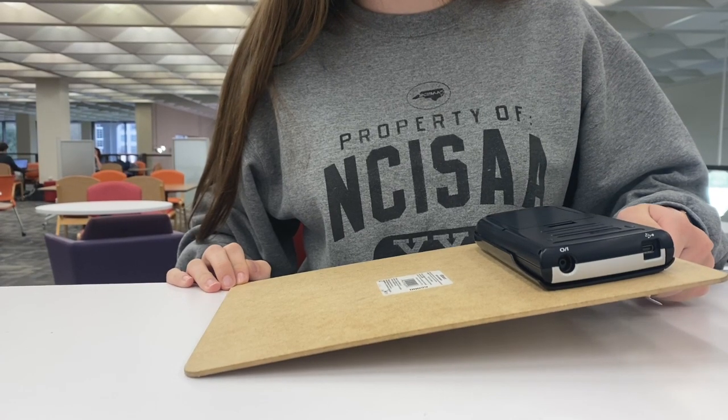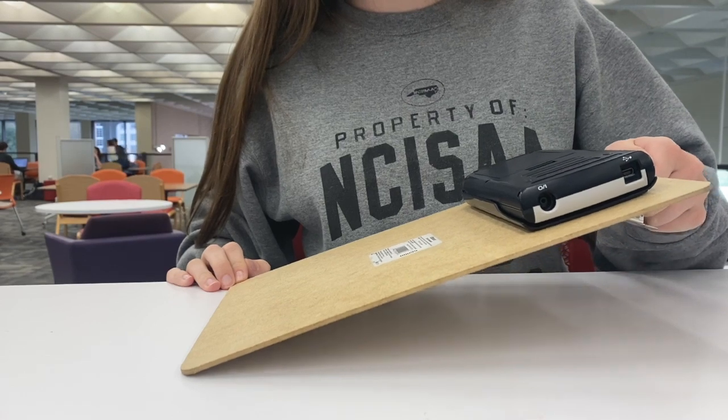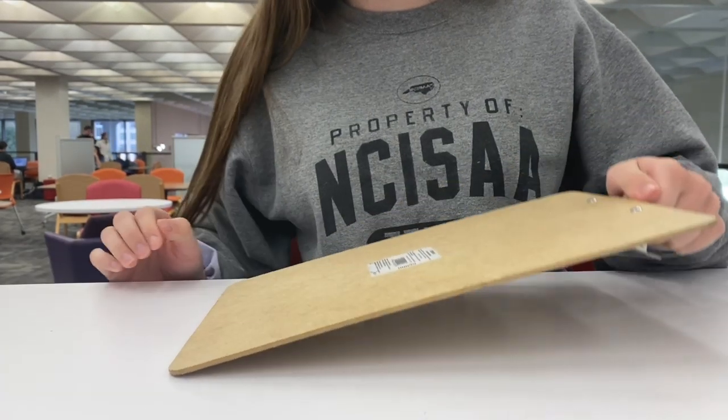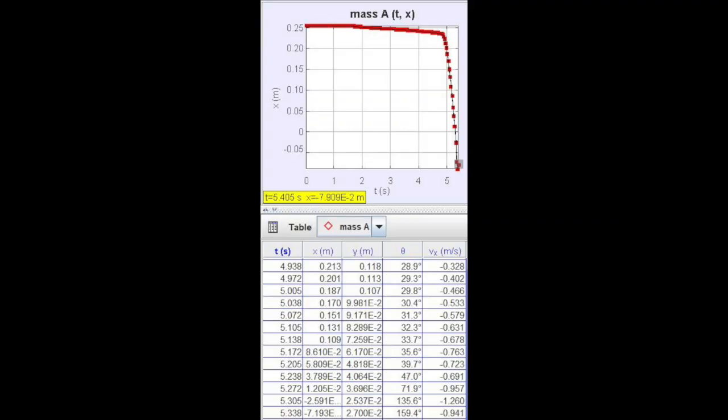For this section, we used the other side of the calculator without the little sticky feet, and as you can see, its coefficient is much smaller. It slid a lot faster than the phone with the case or the calculator with sticky feet. If you look at the graph, it's a position time plot, and you can see that it's pretty steadily decreasing, and then all of a sudden it swoops down.